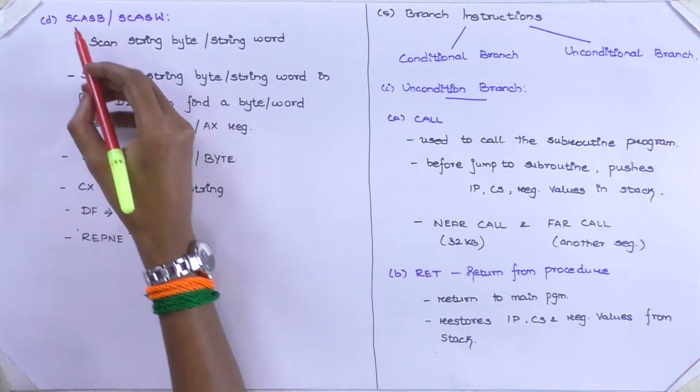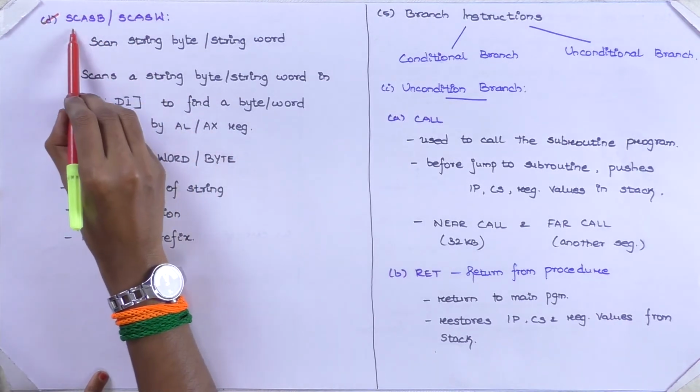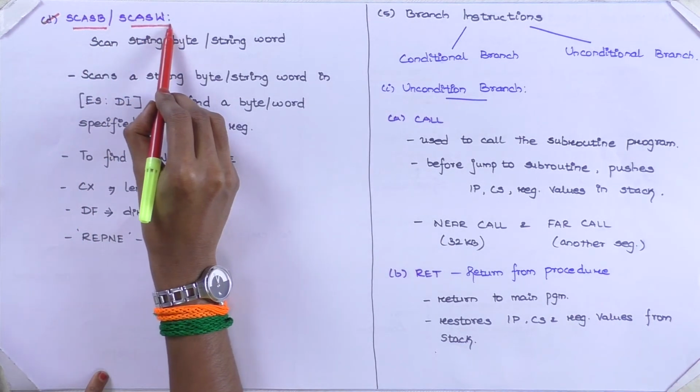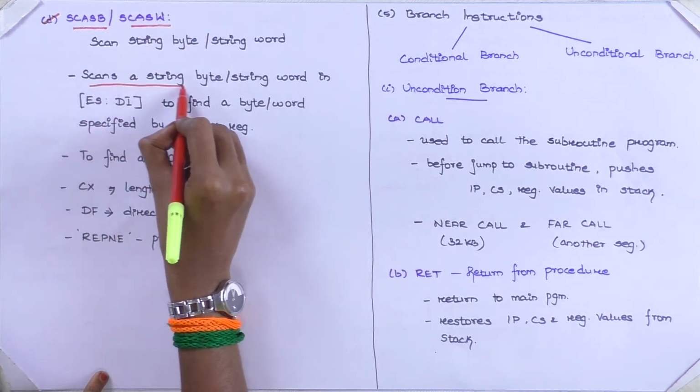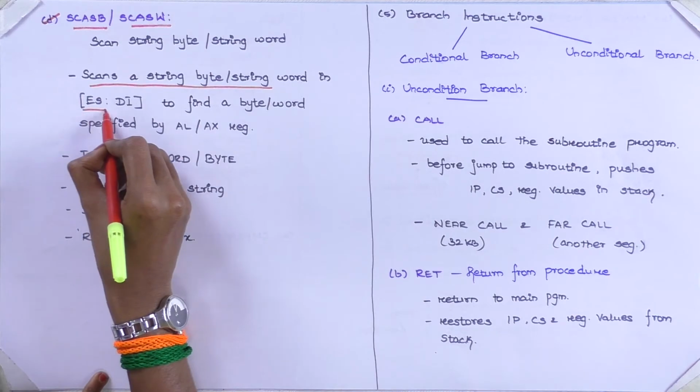The next string manipulation instruction is scan string byte or scan string word. It will scan for a string byte or string word in the extra segment, addressed by the destination index, to check whether the data it is searching for is available in that location or not. That is the scan operation.